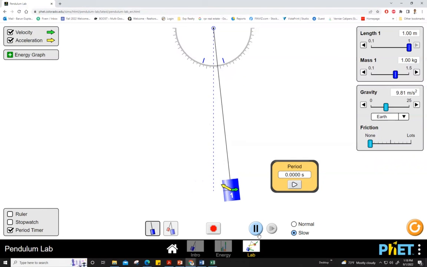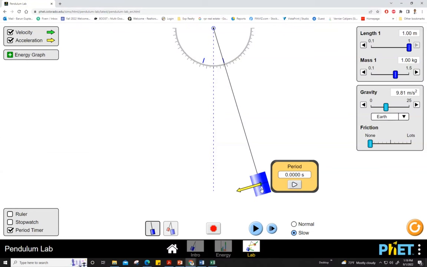You simply have to take a snapshot of this. Okay, almost. At this point, this is the direction of the acceleration, and the green one is the velocity direction, which is almost zero. In fact, at the highest point, the velocity would be zero, and there would be the maximum acceleration.